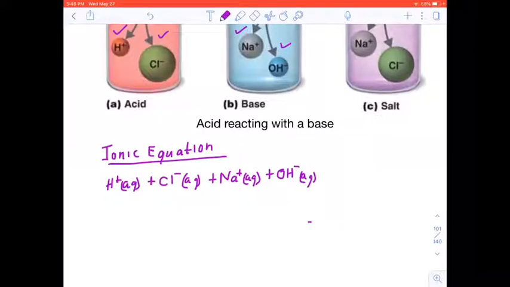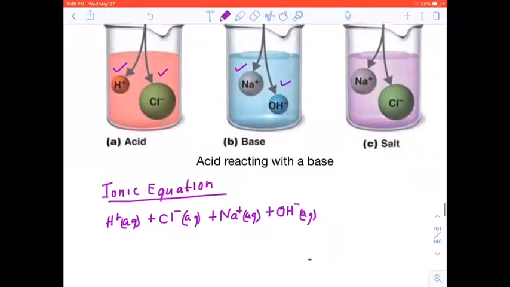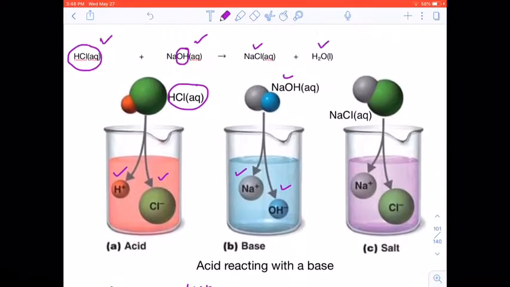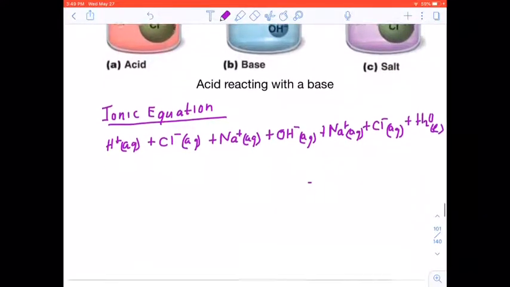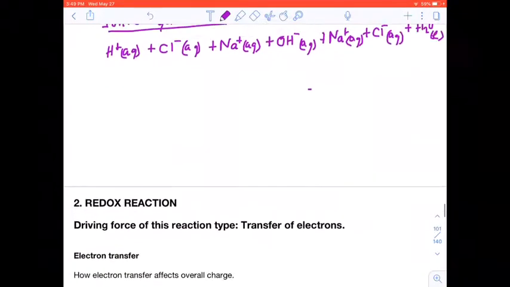And then we know we get salt plus water. So plus Na plus aqueous plus Cl minus aqueous, plus the water, which doesn't break up, it's a molecular substance, so we leave it in that form.